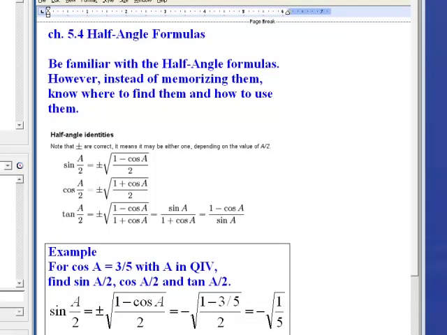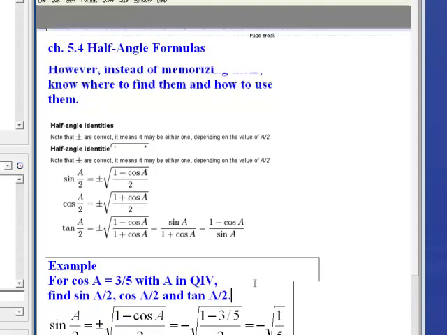So for cosine A over 2, we have plus minus the square root of 1 plus cosine A over 2. So 1 plus 3/5. Then we're in quadrant 4, so actually that one here is a plus, and so we're going to have 8/5 over 2, so we're going to have the square root of 4/5, and if we really wanted to, we could write 2 over the square root of 5, but I'm just going to leave it like this.